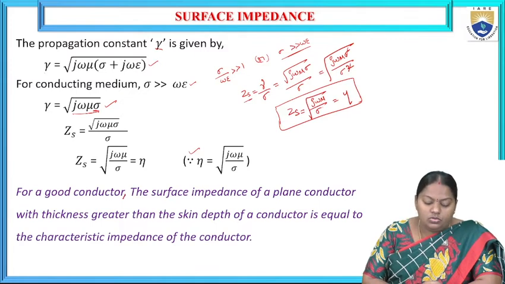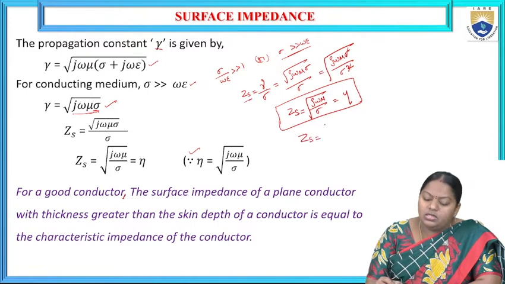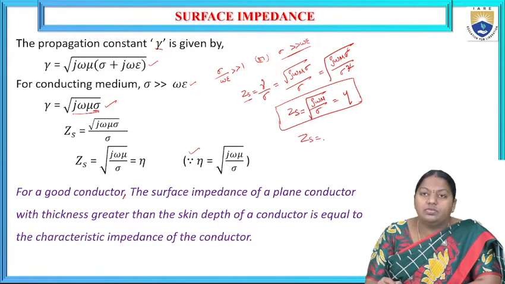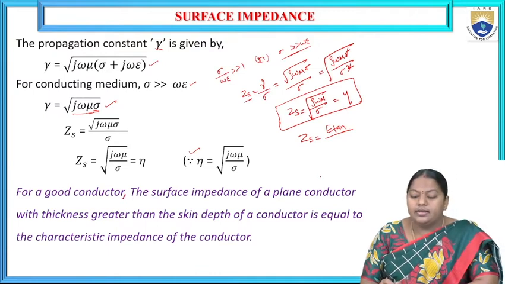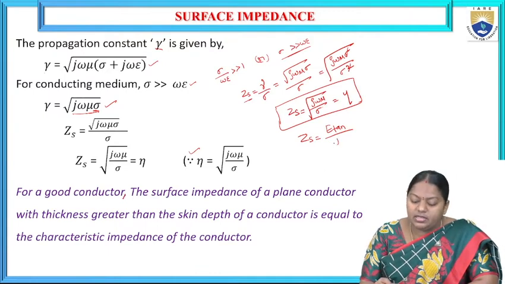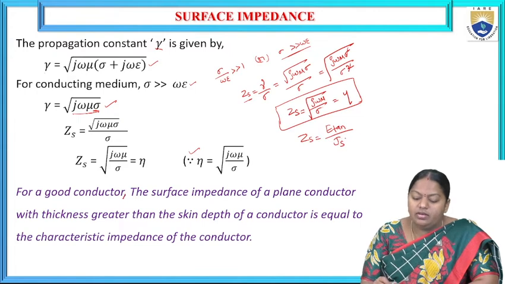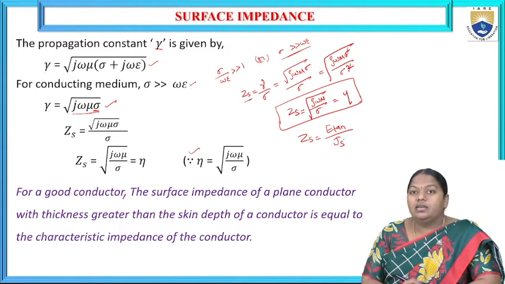Okay, so in general, how can we define the surface impedance? Zs is the ratio of the tangential component of the electric field intensity vector E tan to the surface current density Js, if you consider a conducting surface.